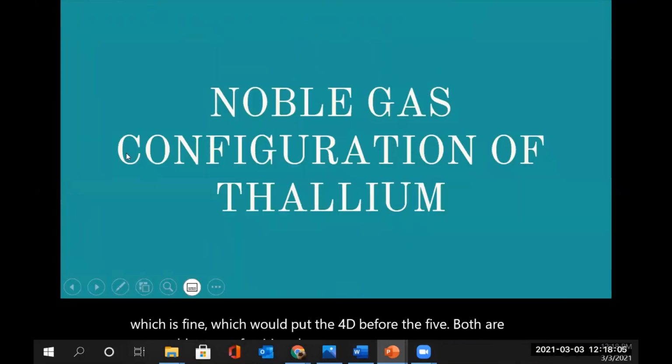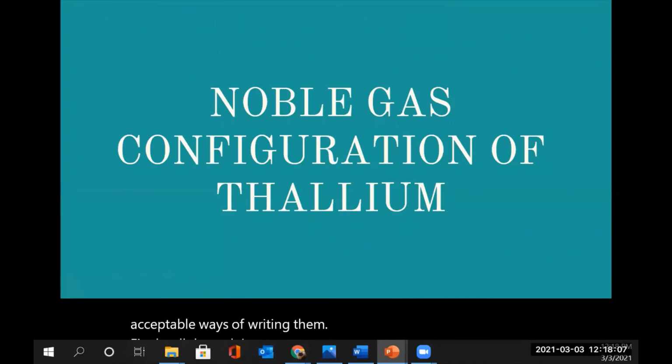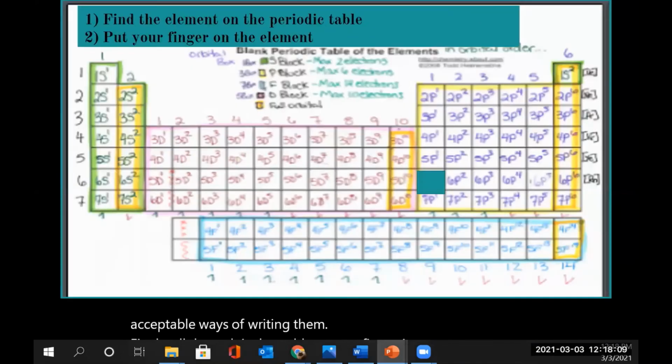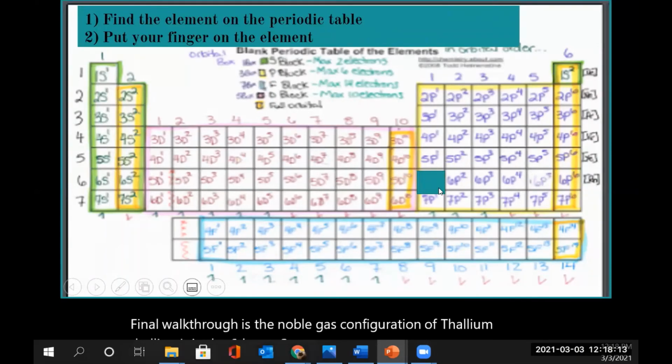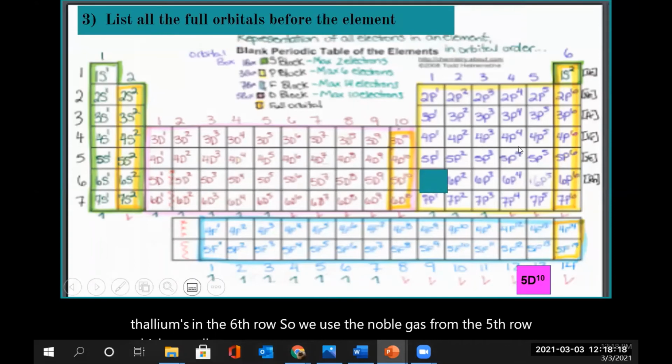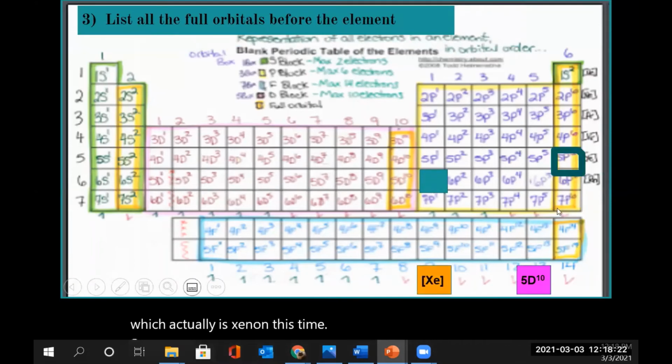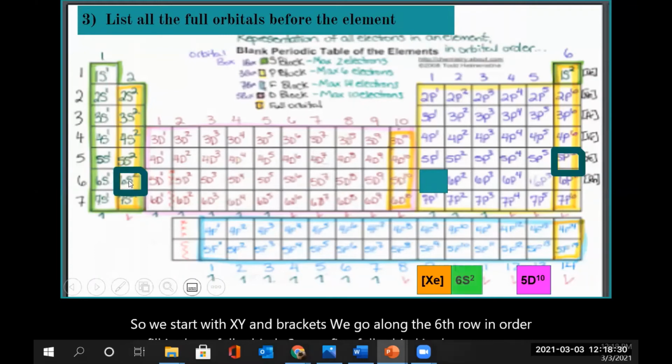Final walkthrough is the noble gas configuration of thallium. Thallium's in the 6th row, so we use the noble gas from the 5th row, which actually is xenon this time. So we start with Xe in brackets. We go along the 6th row to fill in those full orbitals. Our first full orbital in the 6th row is 6s2.